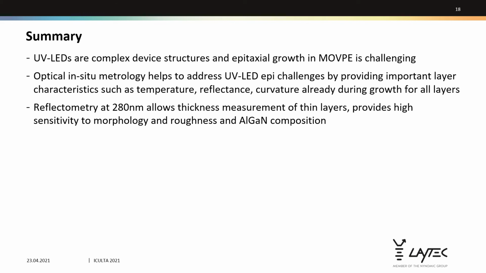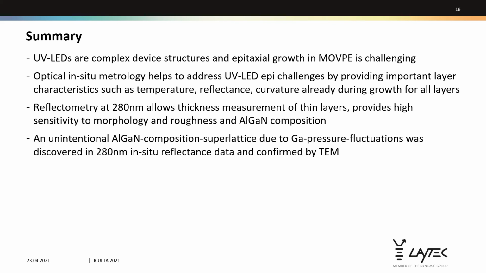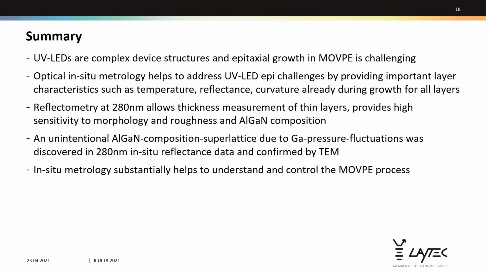It provides a high sensitivity to morphology and roughness and also for variation of the AlGaN composition. I've shown you that an unintentional AlGaN composition superlattice that was due to a gallium pressure fluctuation was discovered by looking at the 280 nanometer in situ data, and that these findings were confirmed by TEM. So the bottom line is in situ metrology substantially helps to understand and control the MOCVD process.